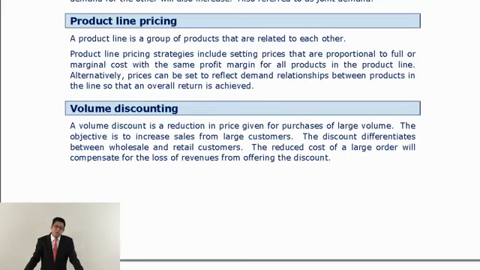For example, if you go to grocery shops or supermarkets, you might have observed that a range of soft drinks are displayed on shelves. For example, here is Coca-Cola, here is Pepsi, here is another cola, and here is another cola, and so on.